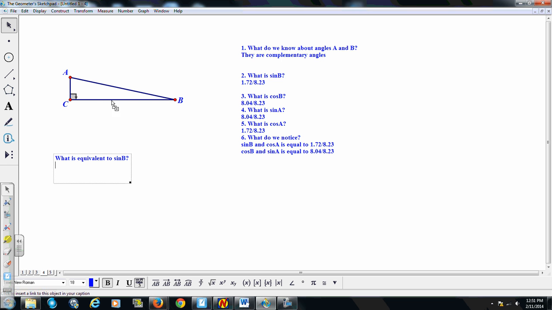So in order to get an equivalent, I need to look over here at angle A, and I can see that the adjacent here is the same as the opposite from B. So it would be the cosine of A is equivalent to the sine of B, because we're just changing our perspective. Therefore, the legs switch.